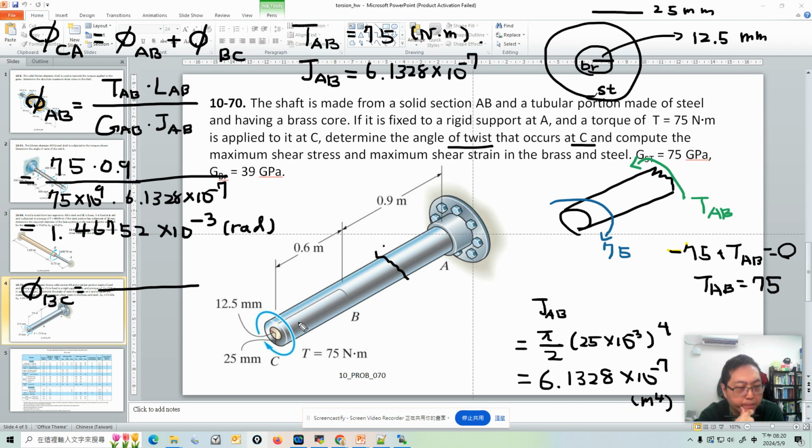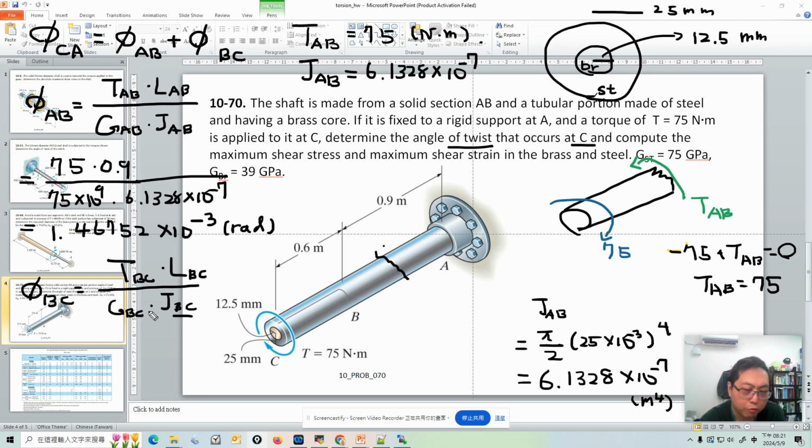We need to find the torque at the BC section, and LBC, and GBC times JBC.